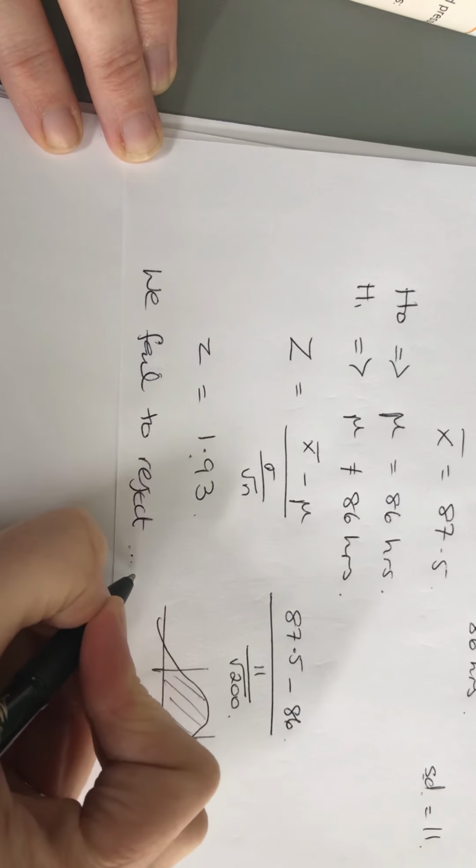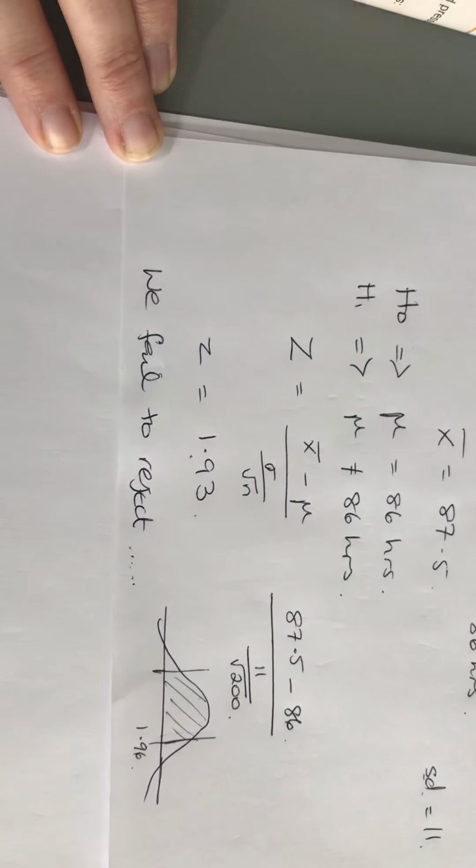So you can just write, we fail to reject the claim that the batteries have a mean lifetime of 86 hours. And you can say, I'm doing this at a 95% level of confidence, or you can use the words that they used at the start, which would be at a 5% level of significance.